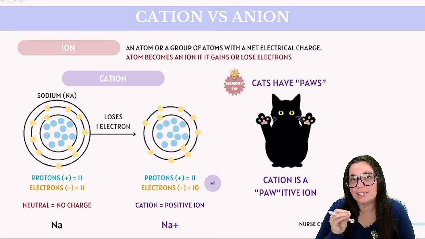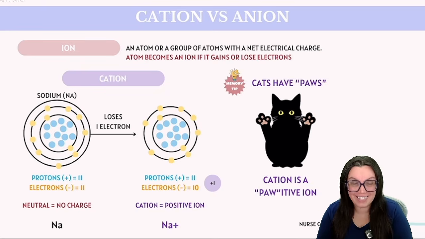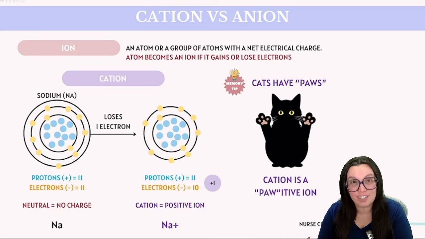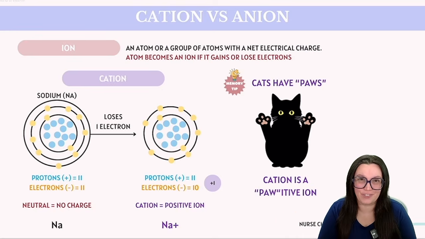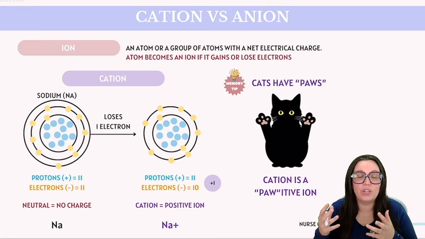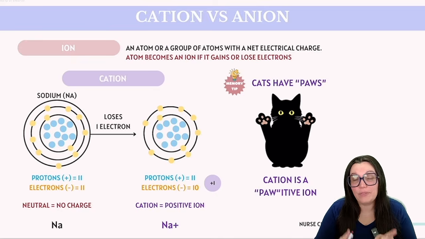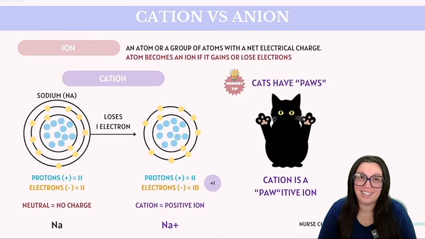In the nucleus of our atom, we have protons, and they possess a positive charge. And surrounding that nucleus on the outside, we have electrons, which carry a negative charge. Typically, an atom is going to have an equal number of protons and electrons, resulting in no overall charge. However, an atom can become an ion if it gains or loses electrons.